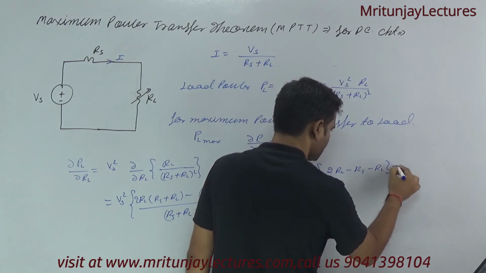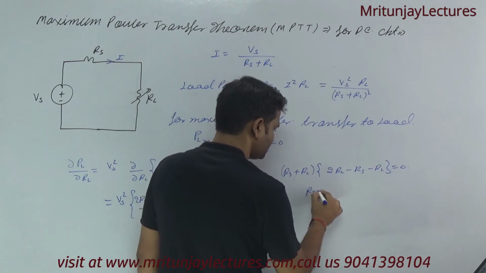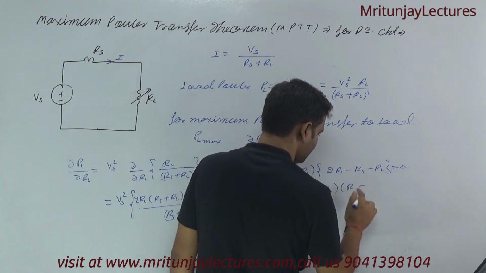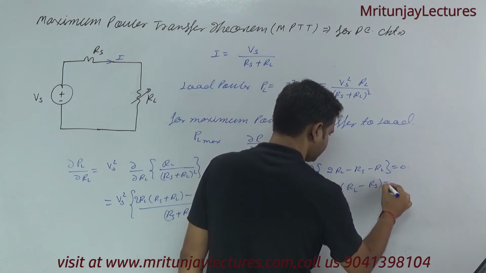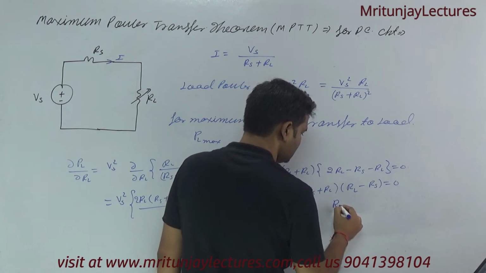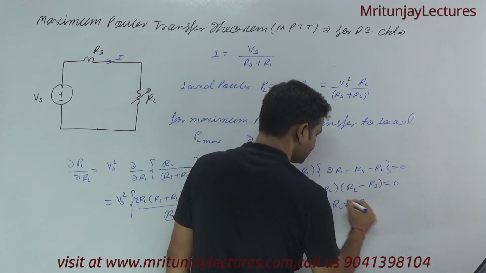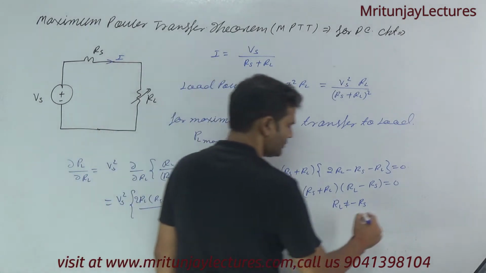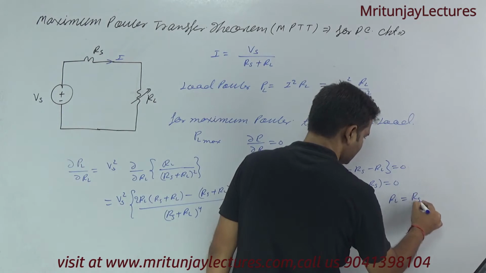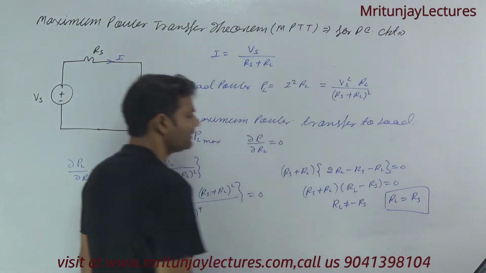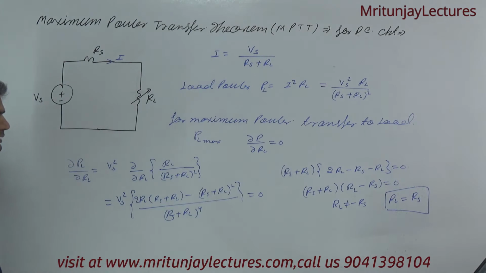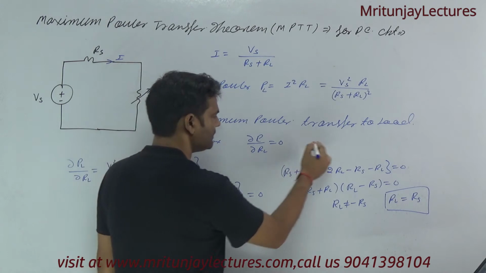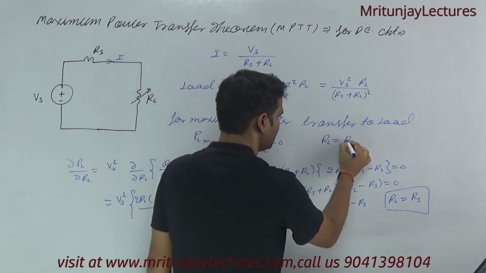So we get Rs plus RL, and second one RL minus Rs, this is equal to 0. RL is not equal to minus Rs, because this is a resistance. So the only possibility is RL equal to Rs. Clear? So for PL maximum, we get RL equal to Rs.